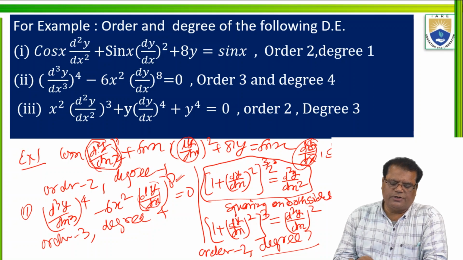The next term is a first order derivative, but the power is 4. To check order and degree, we first see the highest order derivative, and then check its power. The highest derivative is d2y over dx2. So in the third example the order is 2 and the power is 3, so the degree is 3.